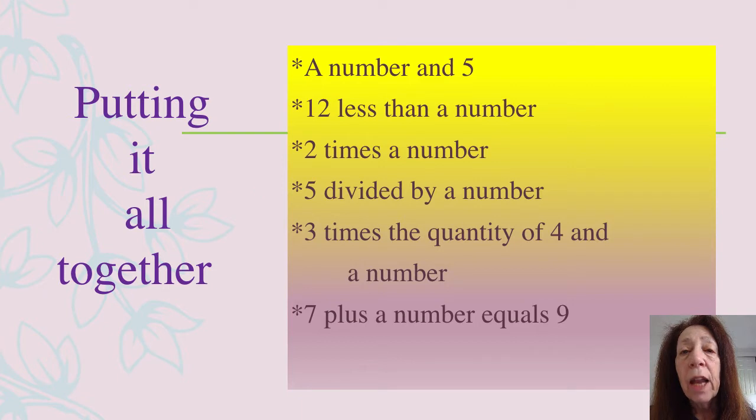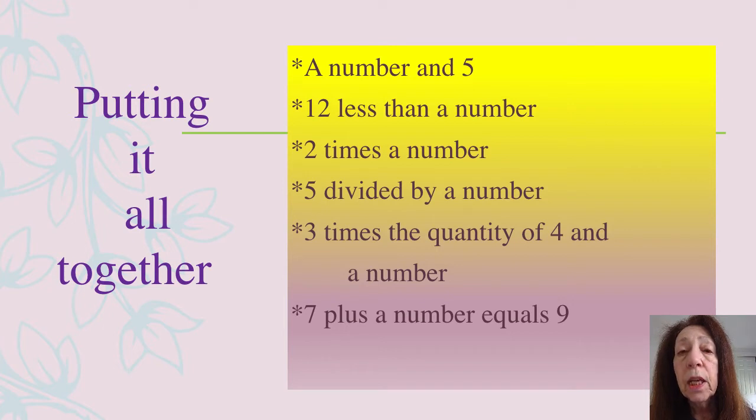A number and 5: addition. 12 less than a number: subtraction. 2 times a number: multiplication. 5 divided by a number: division. 3 times, and here comes your parentheses, the quantity of 4 and a number. In this case, you have multiplication, parentheses, and addition.